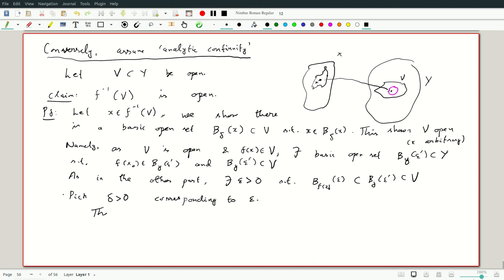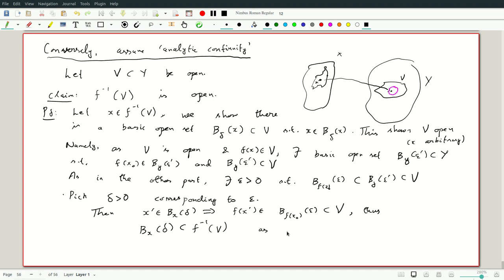Then x prime belonging to the ball around x of radius delta implies that f of x prime belongs to the ball around f of x naught of radius epsilon, which is contained in V. So thus the ball around x of radius delta is contained in f inverse of V, as claimed.